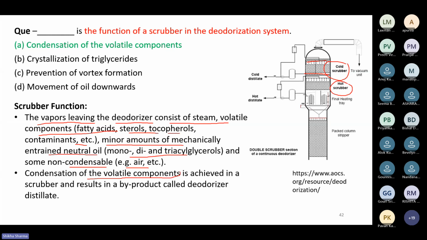Condensation of these volatile compounds is achieved by the scrubber and results in a byproduct called the deodorizer distillate.